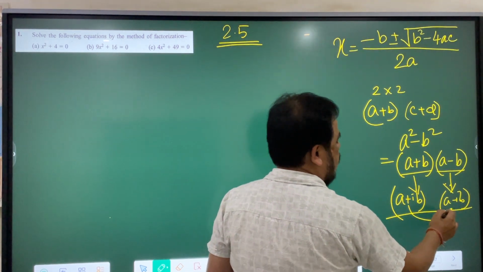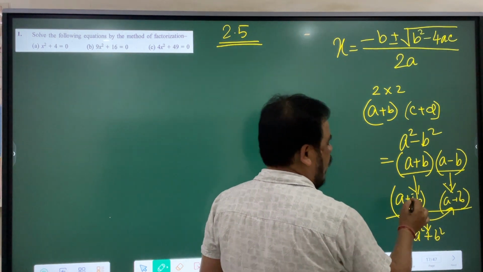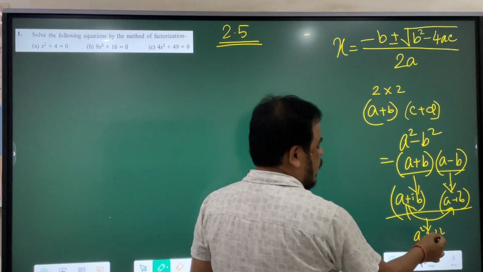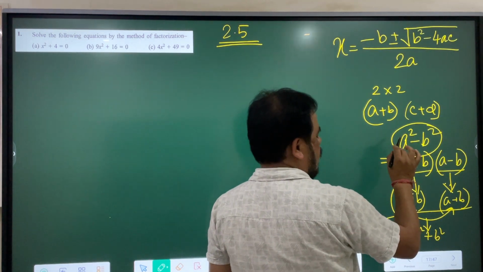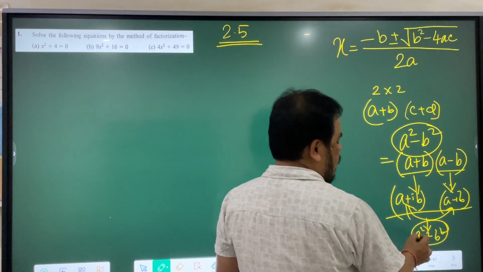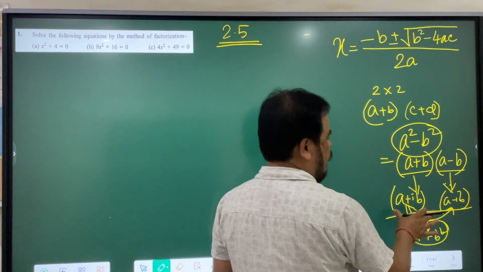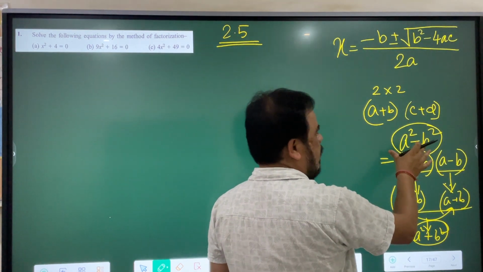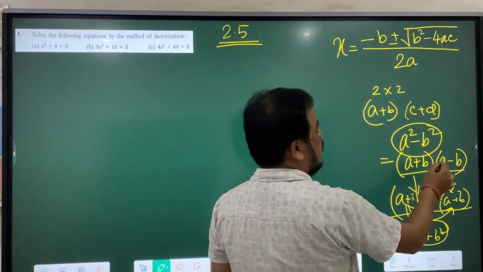For this case, at least we know a square plus b square. Of course, for i, if it is there, then we get a square plus b square. Whatever it is, this one is for general and this one is for complex numbers. For complex numbers, a square plus b square is (a plus ib) into (a minus ib). You got that already. This is a formula. And for general maths, algebra, we know this formula: a square minus b square is (a plus b)(a minus b).